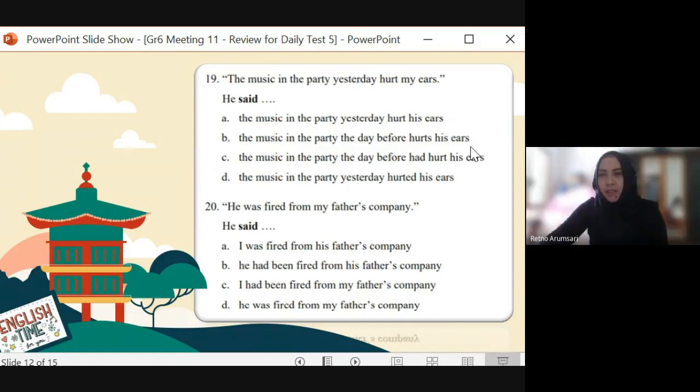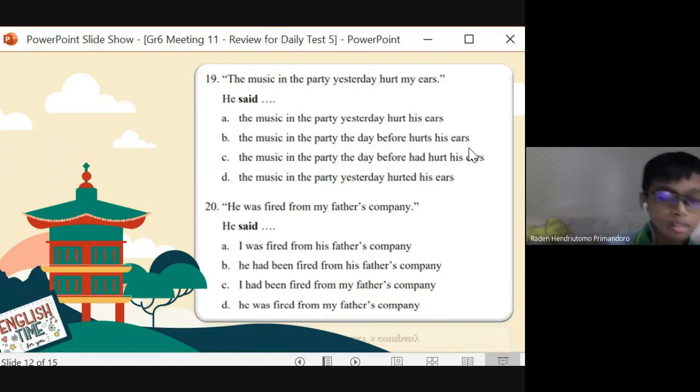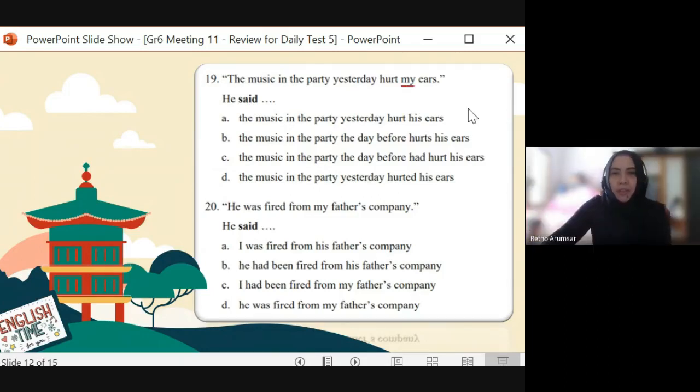Yes, Huto? Number 19. The music in the party yesterday hurt my ears. He said the music in the party the day before had hurt his ears. C. Yes, very good. It's C. Why? Because hurt here is a verb 2, so you need to change it into a verb 3, had hurt.